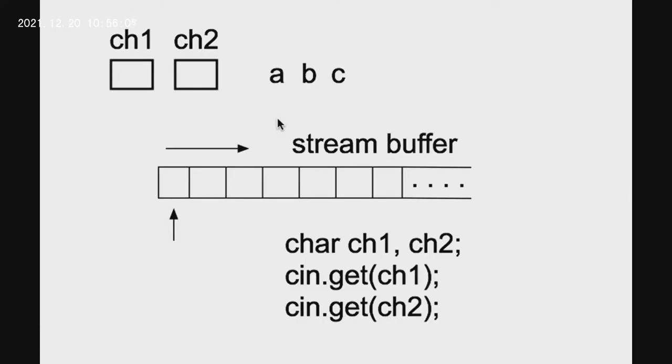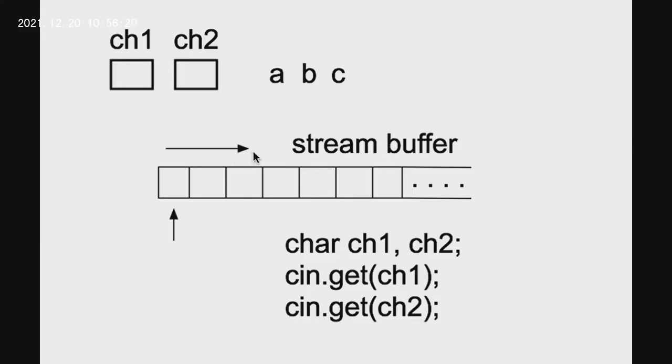So, I've set up a stream buffer here, and this is controlled by the operating system. And so when the user types letters on the keyboard, the operating system keeps track of which letters are typed using a stream buffer.